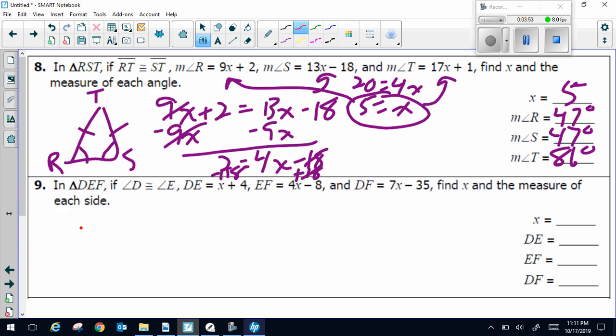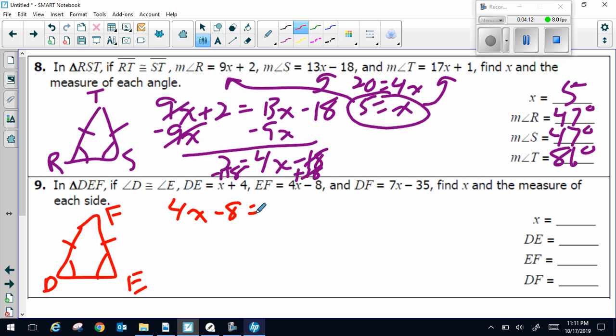Same thing for the next one. Okay. They tell me I have a triangle DEF, and they tell me that angle D is congruent to angle E, which means that side DF would be congruent to side FE. So we can go ahead and set those equal to each other. So 4x minus 8 equals 7x minus 35. Same idea. So we're going to solve for x.